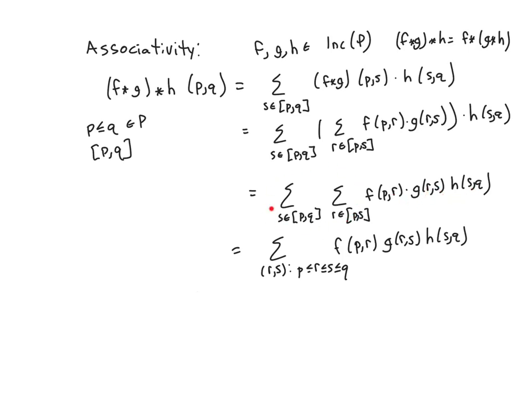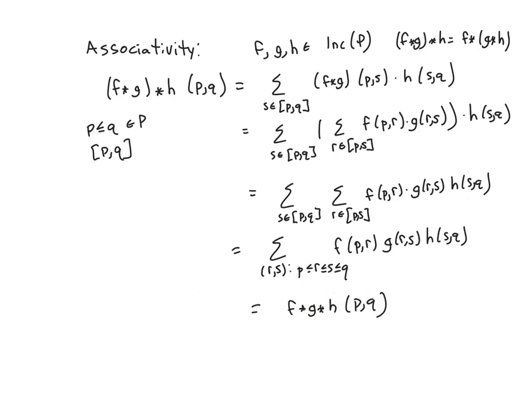And I can combine this into a single sum by saying I'm summing over all ordered pairs rs, where p is less than or equal to r is less than or equal to s is less than or equal to q. Theoretically, you could have defined this as the triple product.